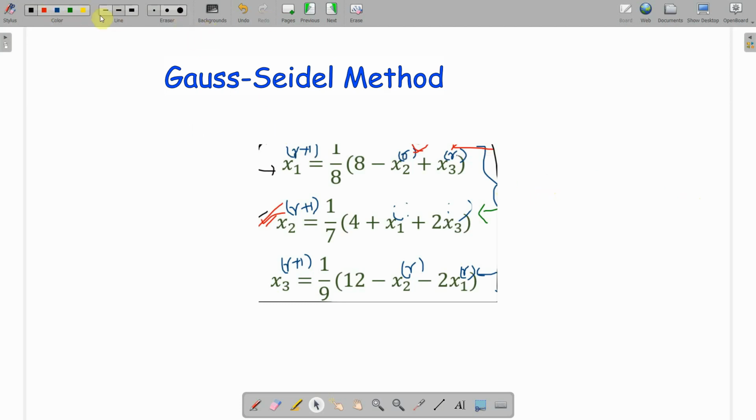Here, let me erase this portion also. x1 at r plus 1. For the x3 value, you don't know the r plus 1, so it will be r.